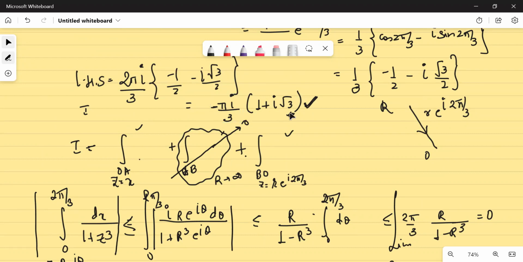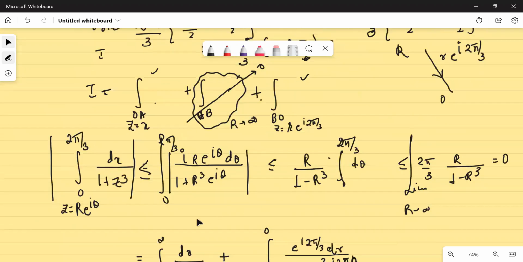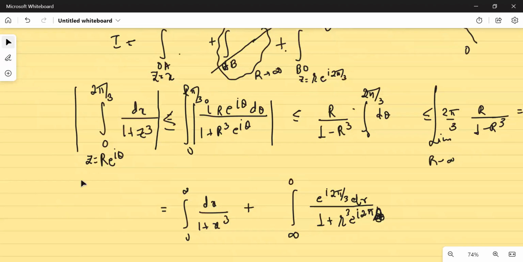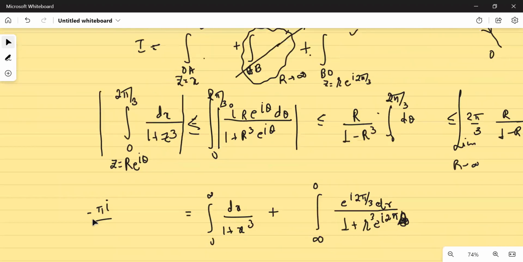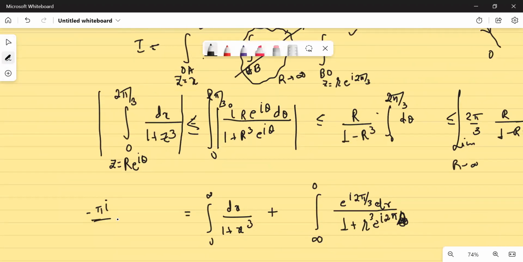And you have 1 plus iota root 3. So I'll write here, this is equals to minus pi iota upon 3, and here you have 1 plus iota root 3.